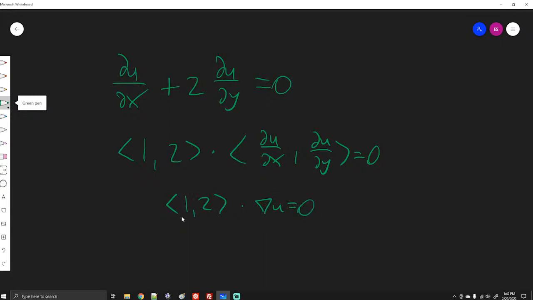So now what I do is I'm going to draw this vector in the xy plane. So u is a two-dimensional function, so this here is going to be the xy plane. And let's see, the rise is 2 and the run is 1. So it's going to look like this. So this here is 1, 2.